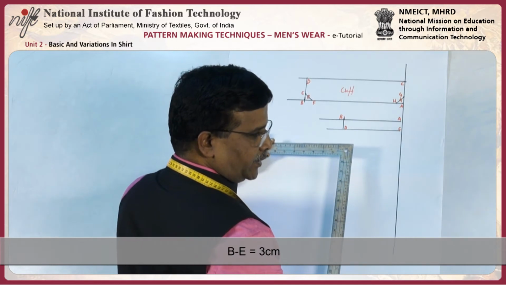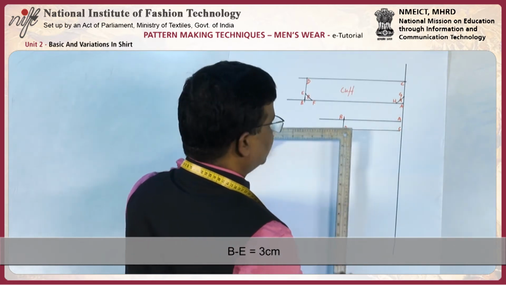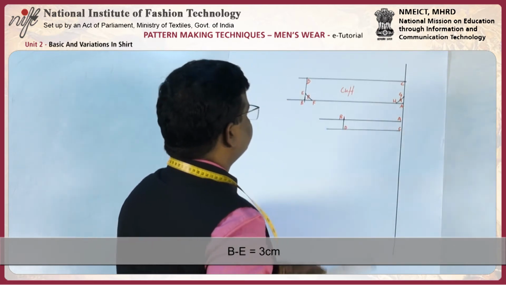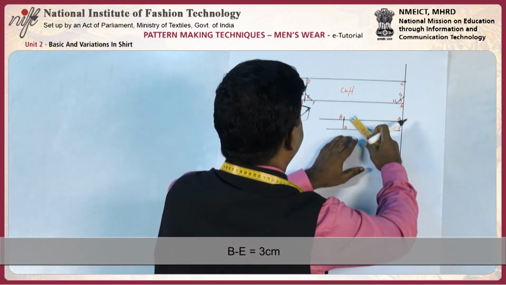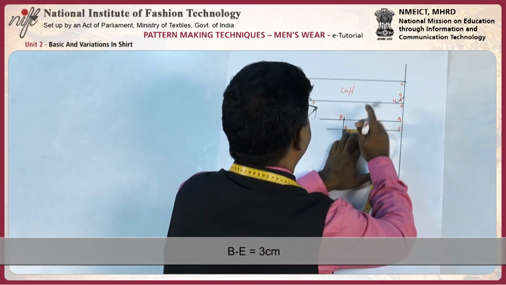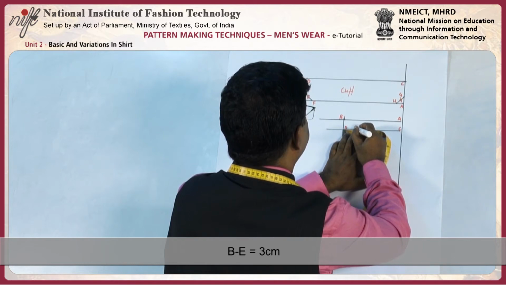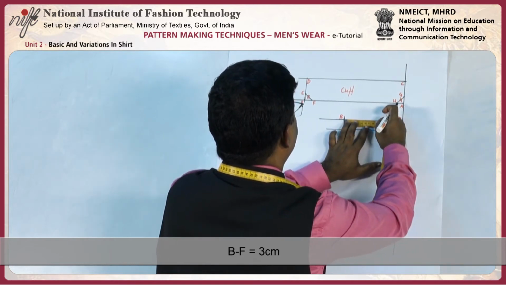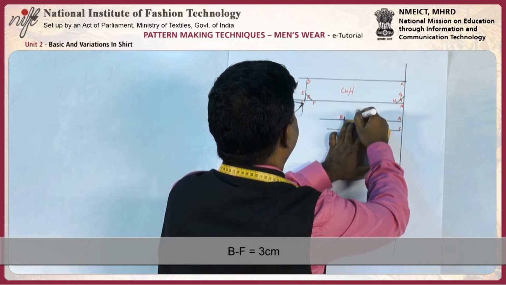D to E, 3 centimeter. B to F, also 3 centimeter.